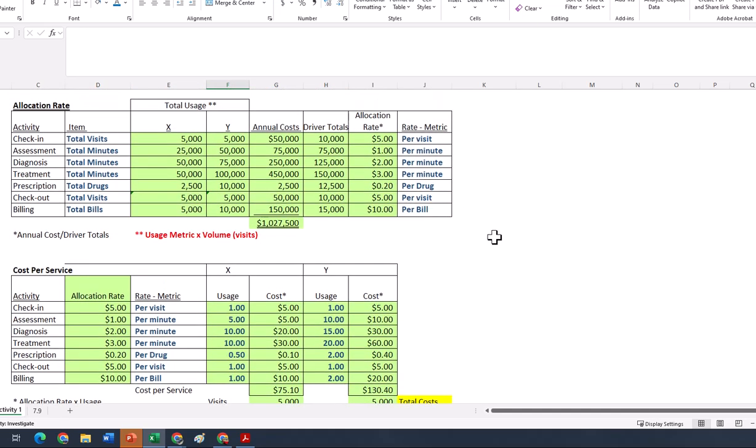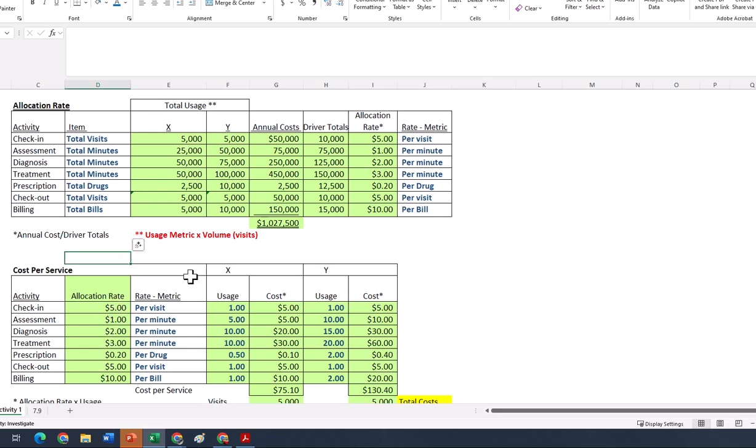Now, then we just have to apply it. We take our allocation rates. That's where they came from, right? So we've taken these rates and we've referenced them over here using Excel.